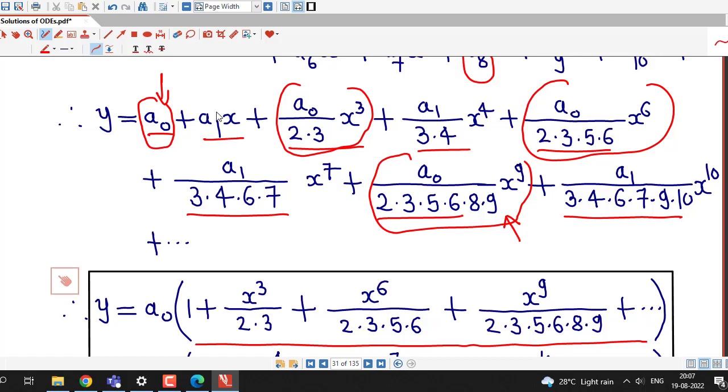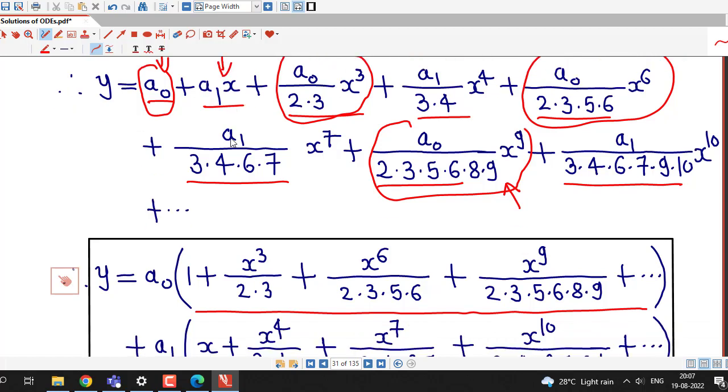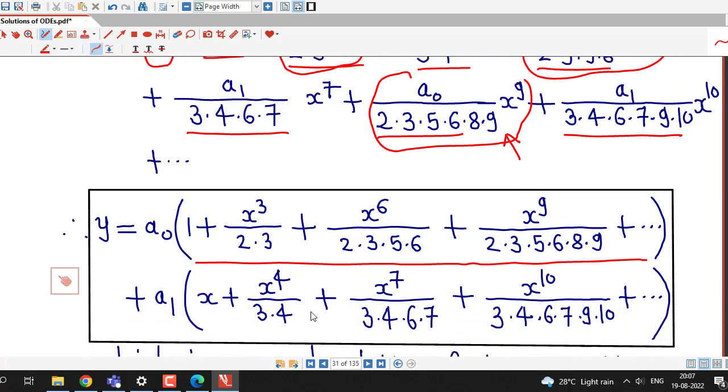Similarly, I take a1 common. If I take a1 common, I will have x in the bracket, then x raised to 4 by 3 into 4, then x raised to 7 by 3 4 6 7, x raised to 10 divided by 3 4 6 7 9 10 and so on. So you should at least try to write first 3 non-zero terms for each of these series.